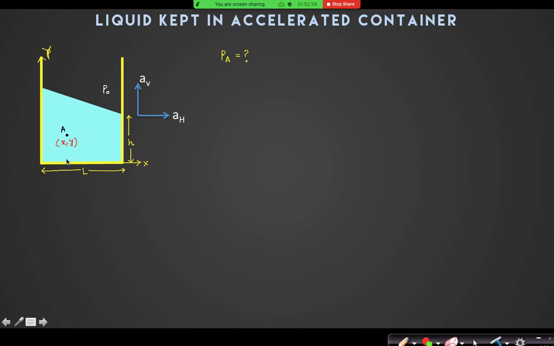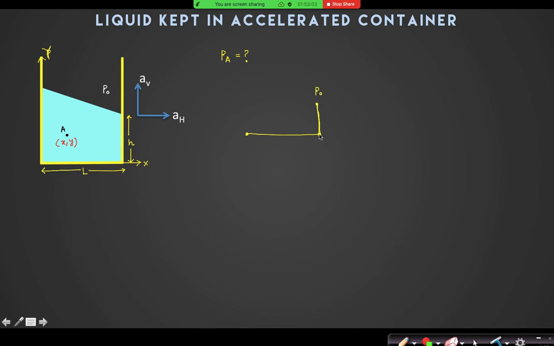Look, how do I calculate it? In order to move to this point A, I will first come down from this point. The pressure at this point I know is P naught.